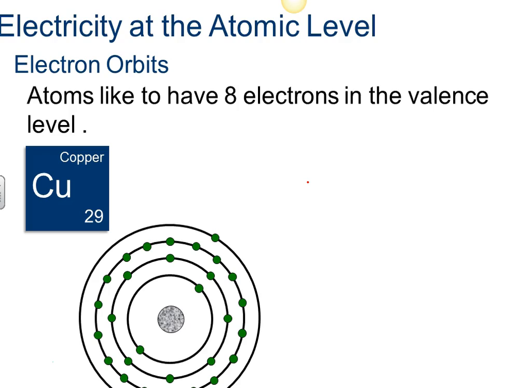So electron orbits or energy levels have certain tendencies that tend to show up when we observe them and describe the atoms. Atoms like to have 8 electrons in their valence level. By like, I mean it's their natural tendency. Atoms don't like anything. They don't have brains to like things with. So 8 represents a particularly stable arrangement.